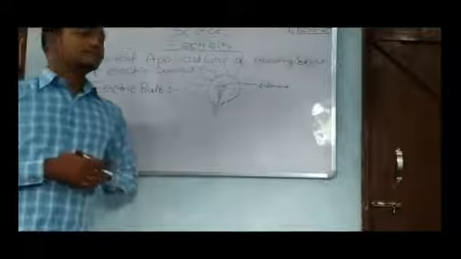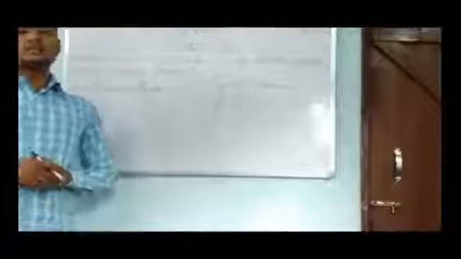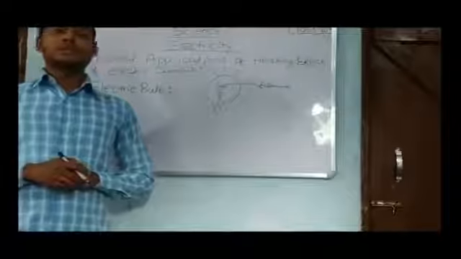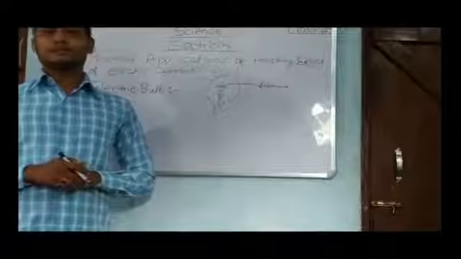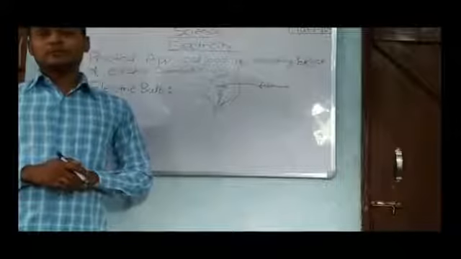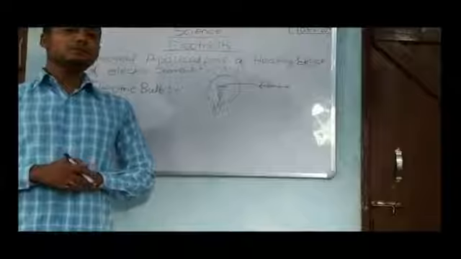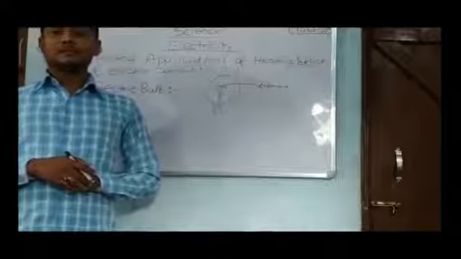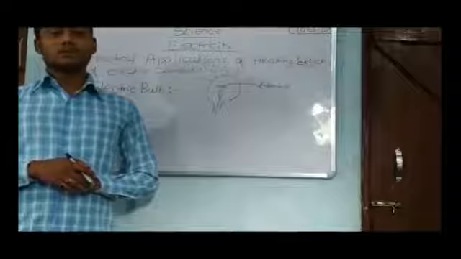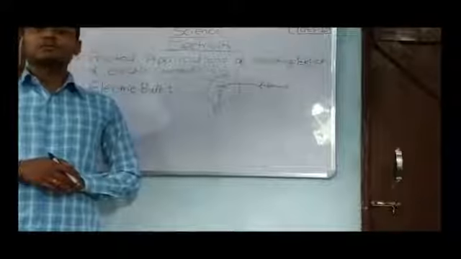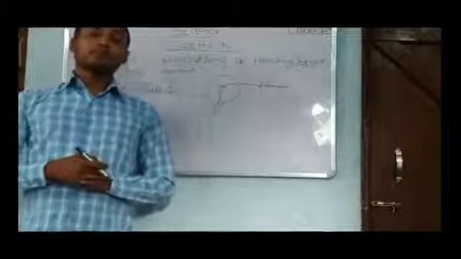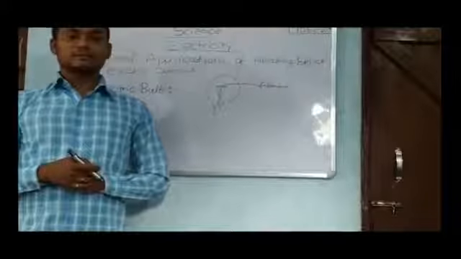Second thing, we also know that if electric current passes through any material, the temperature of that material increases. So if the temperature reaches its melting point, then what will happen? That conductor becomes liquid from solid. Therefore, we use such a metal having a very high melting point.